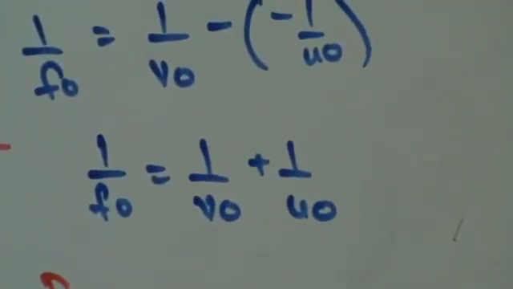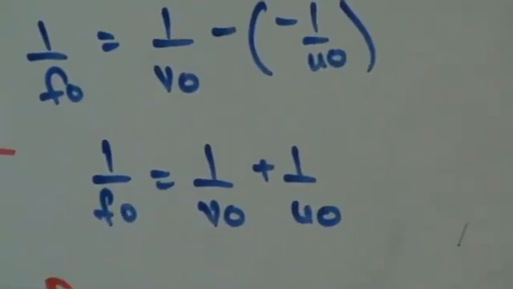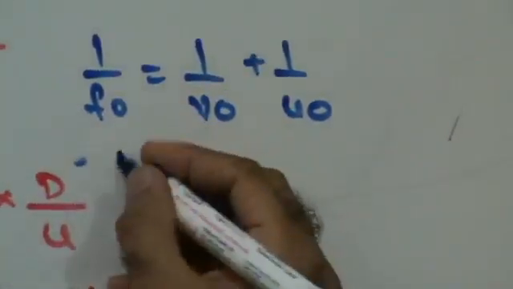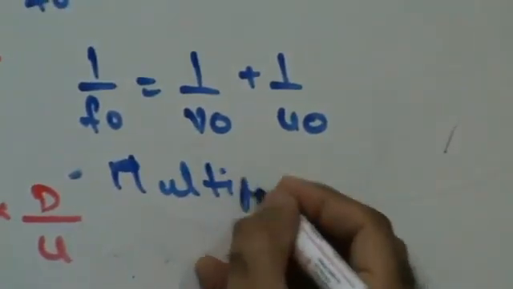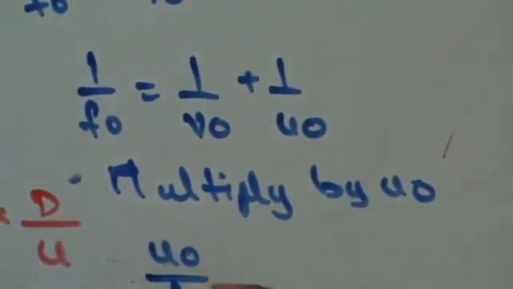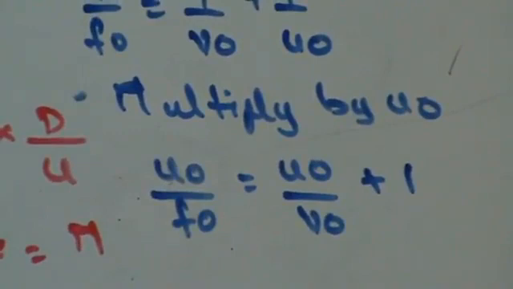Now if I multiply by u0, I will get u0 upon f0 is u0 upon v0 plus u0 upon u0, that is going to be 1.